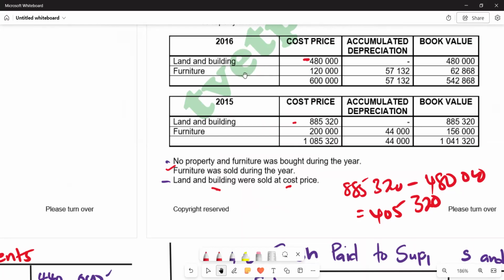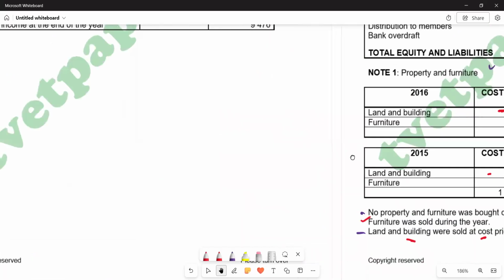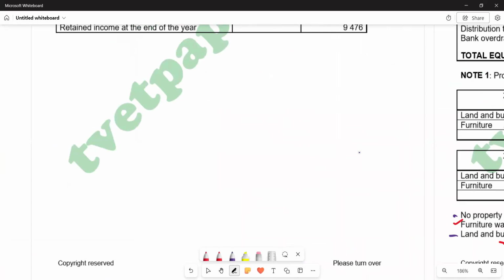Remember, we are going to say carrying value at the beginning. If we had any asset that was purchased, we're supposed to add it there, but we don't have any asset that was purchased during the year.